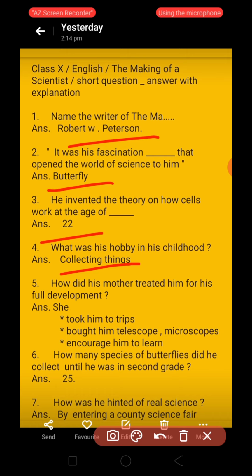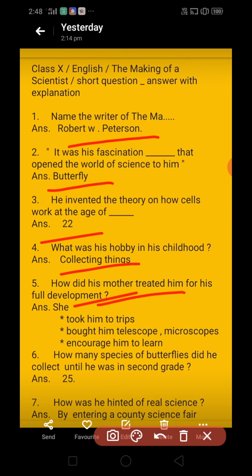Next question is, how did his mother treat him for his full development? So dear students, you can remember that as the writer had lost his father in his childhood, his mother took every step for the all-round development of his personality.